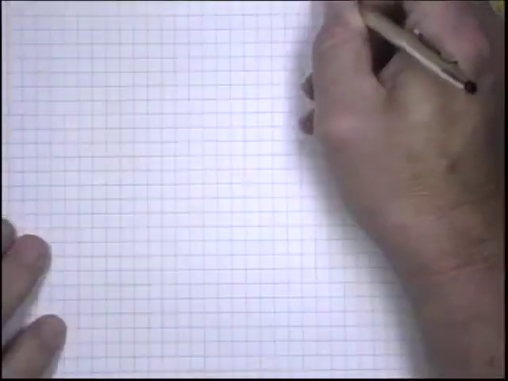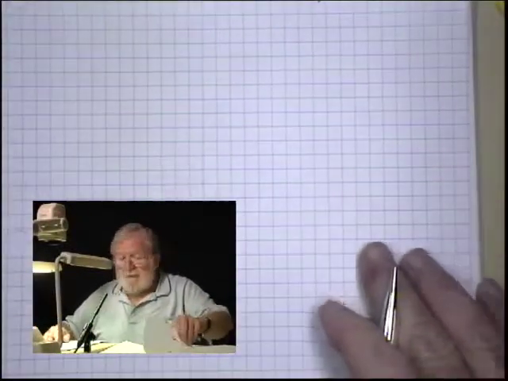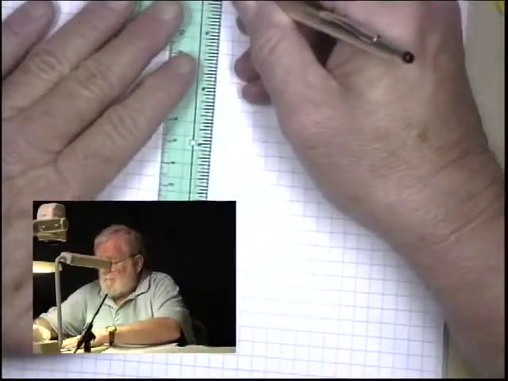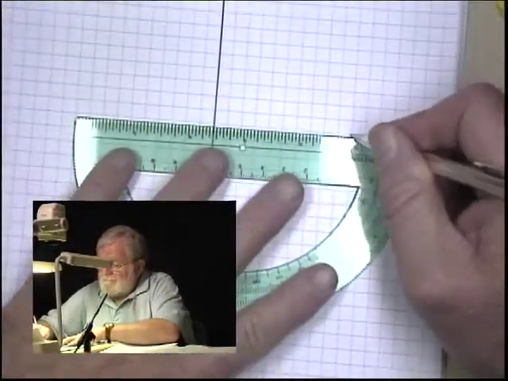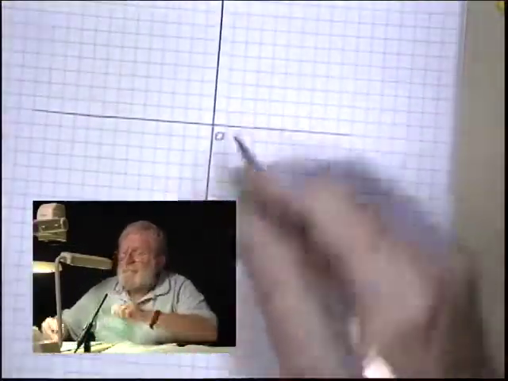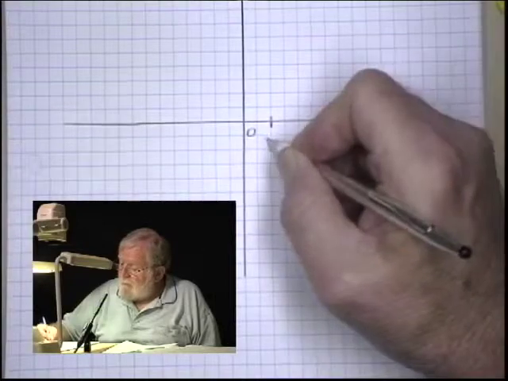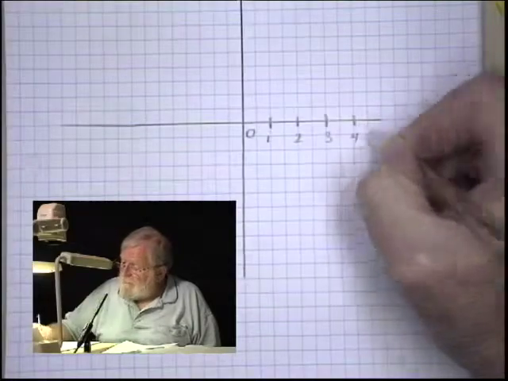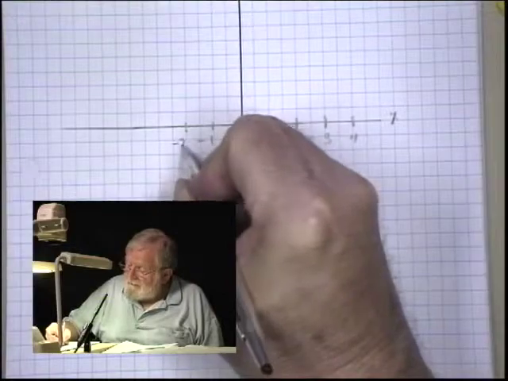We'll sketch x is greater than minus 2. So let's draw our coordinate system here. That'll be our 0 point, and this will be 1, 2, 3, 4. This is our x-axis. This would be minus 1, minus 2. We don't have to go any further.